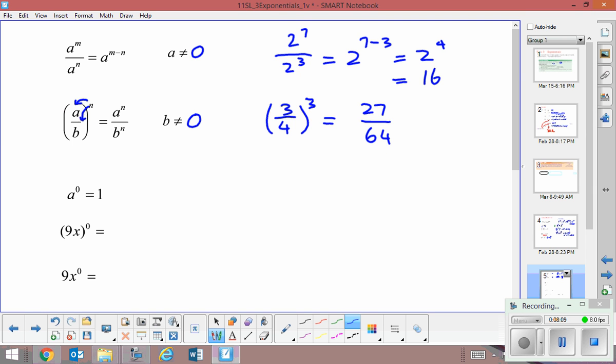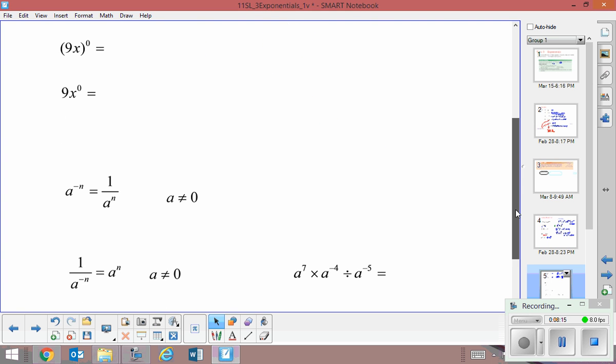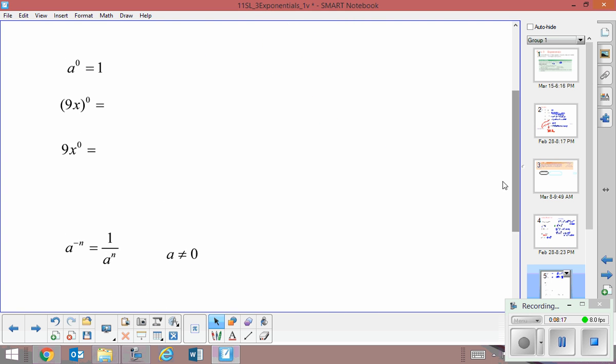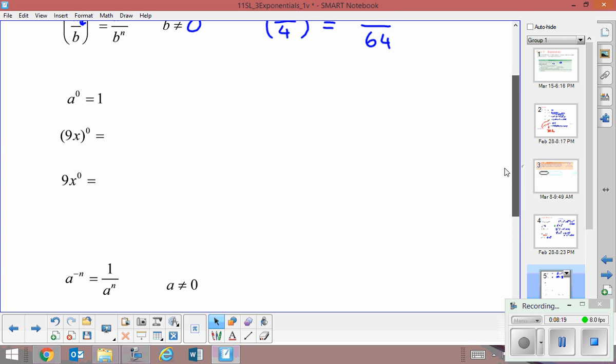All right, let's do these powers of 0. That's the next one we want to go through. Anything to the power of 0 is 1. Why is that? If you remember our rule above, we just did the subtracting.